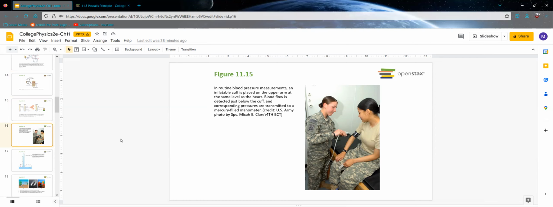The nurse or the phlebotomist measuring your blood pressure is recording the pressure felt back by the cuff with a timer to figure out how much blood pressure you have. And there are two measurements: your arteries pushing blood out of your heart, and your veins returning the oxygen-depleted blood to your heart. You actually measure both of those when you take your blood pressure.